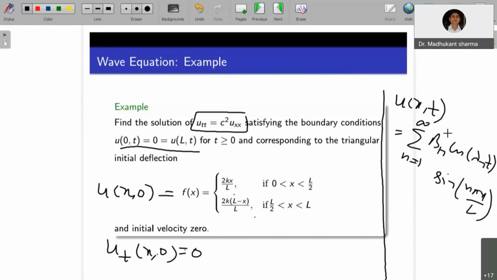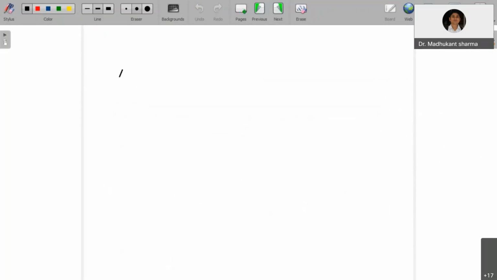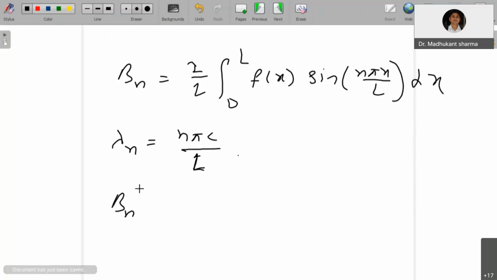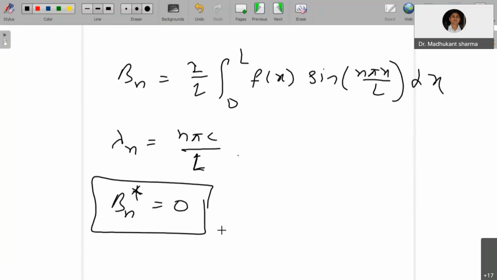And what was b n? b n is nothing but the Fourier sine series coefficient of f. It is 2 by l integration 0 to l f of x times sine of n pi x by l dx. And what was lambda n? It was n pi c by l. All the information you have to substitute. B n star is 0 because the initial velocity is 0.